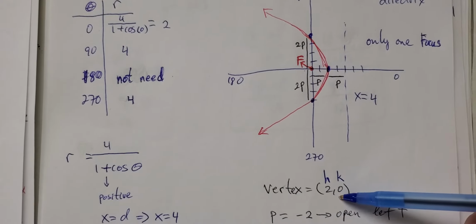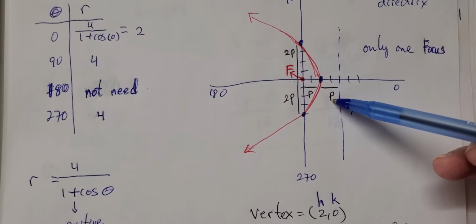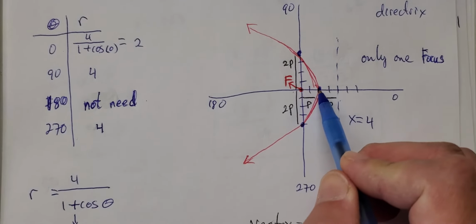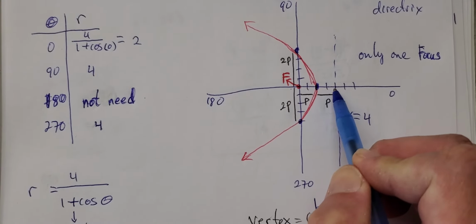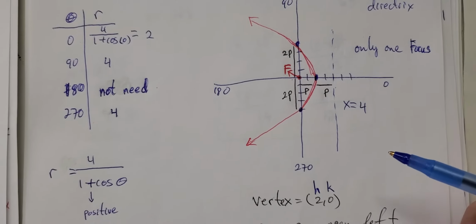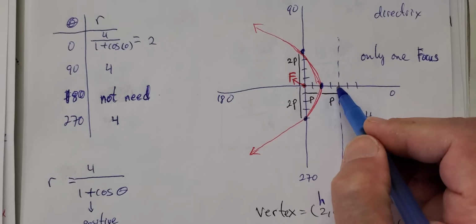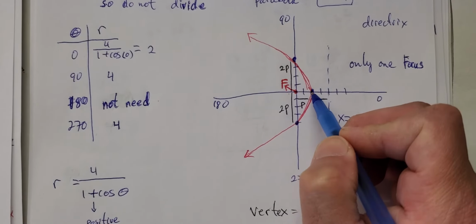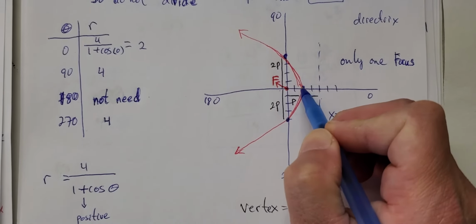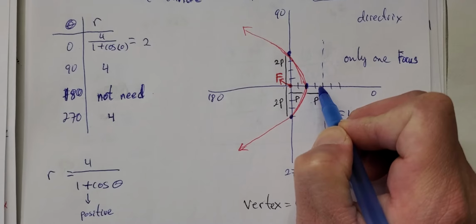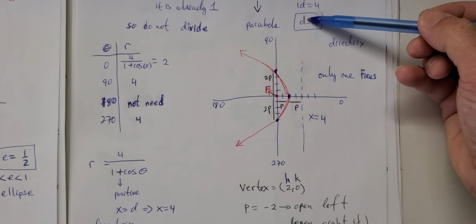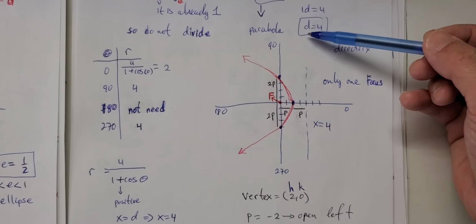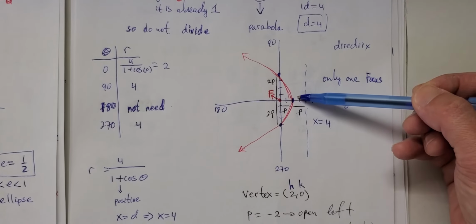Next we need to find p for the parabola. p is always the distance from the vertex to the directrix. Since the distance from the directrix to the pole is 4, half of this will be 2.